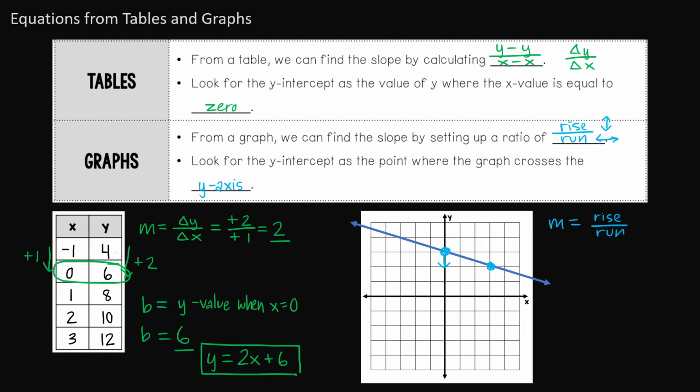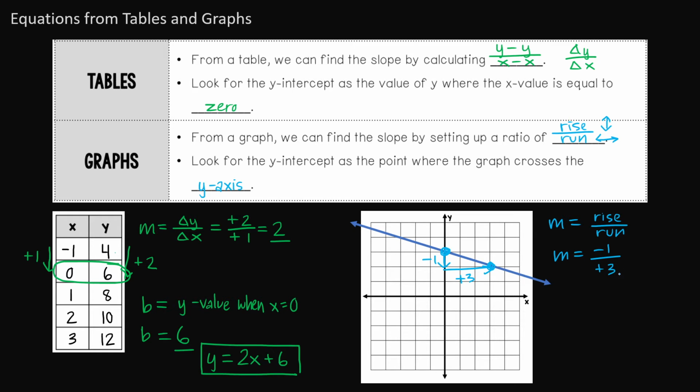If I'm decreasing by 1, that is a negative 1 rise. And my run, my change left to right between the points, I'm moving to the right 1, 2, 3. When I move to the right on the graph, that means I have a positive change. And this change is 1, 2, 3, a change of positive 3.